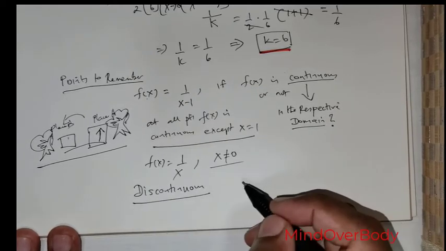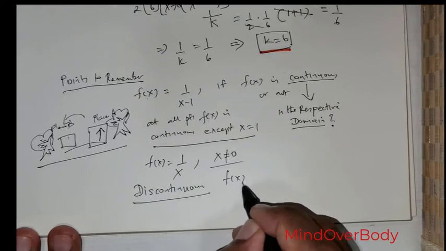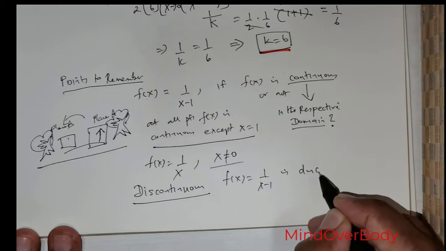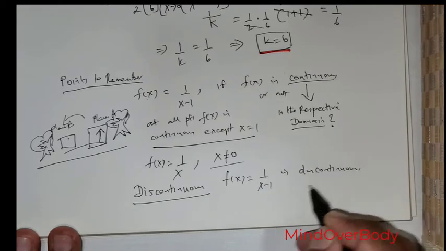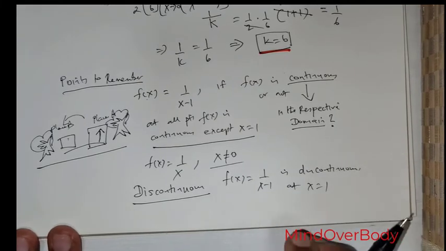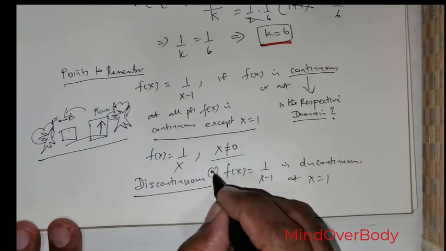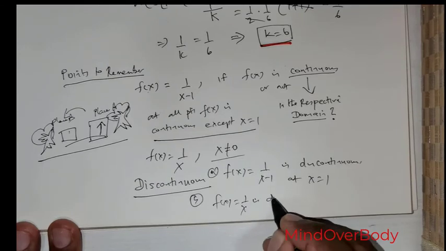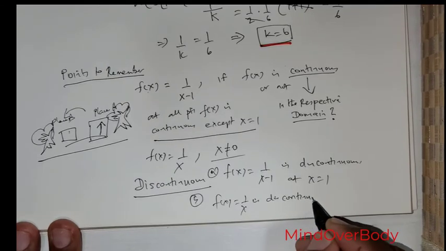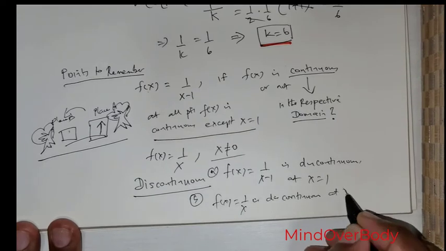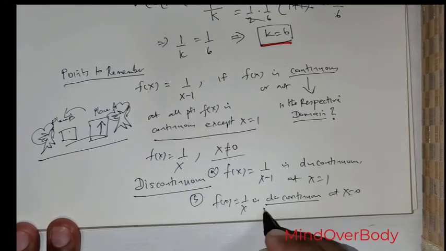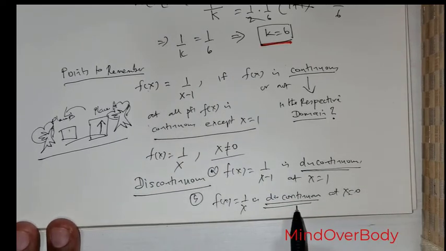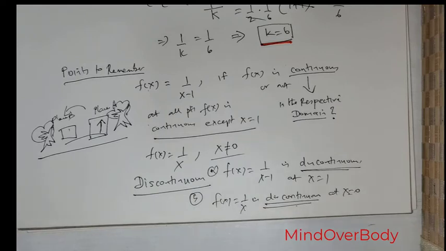So in this case f of x is equal to 1 over x minus 1 is discontinuous at x is equal to 1. This is for the first function, and similarly f of x is equal to 1 over x is discontinuous at x is equal to 0. So this is a new concept we will be talking about. Continuity and discontinuity are interlinked. So having mentioned this, we'll move on to the next.